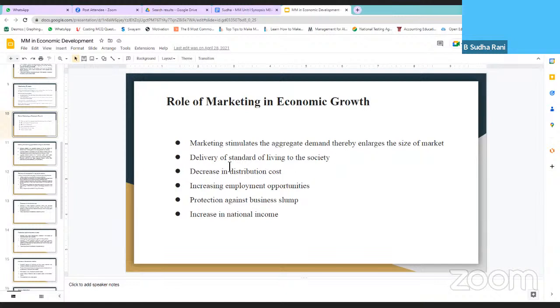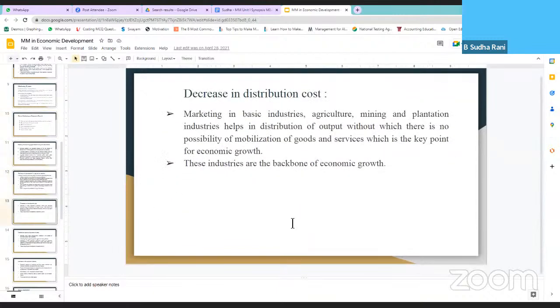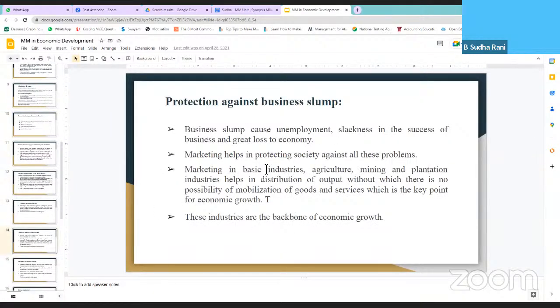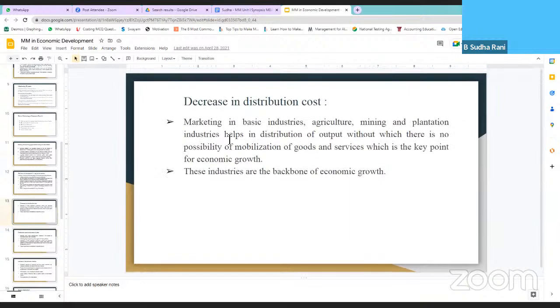When they are spending, it means more sales and more production. More production means the cost of production can be reduced, and more employment opportunities can be created, and national income can be generated. So this is going in a series. The next is the protection, decrease in distribution.